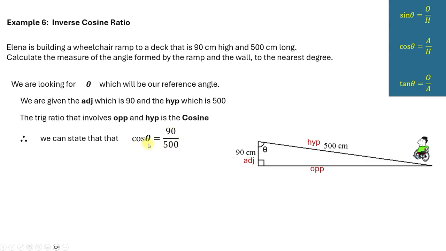If the cosine of theta equals 90 over 500, then theta by itself will equal the inverse cosine of 90 over 500. Put these values into our calculator, and it'll give us an angle of 80 degrees. So this reference angle right here is 80 degrees.